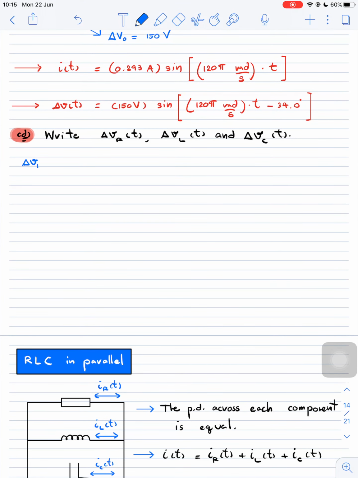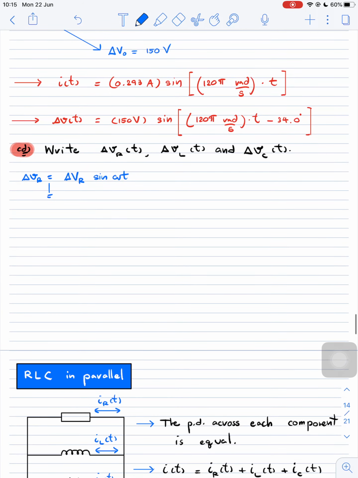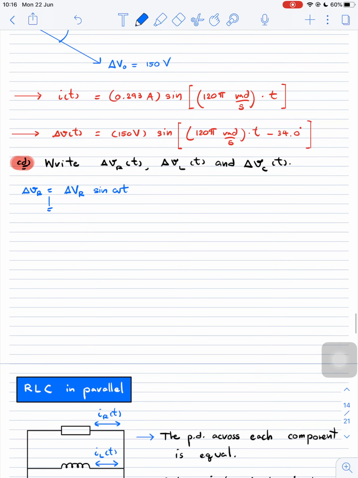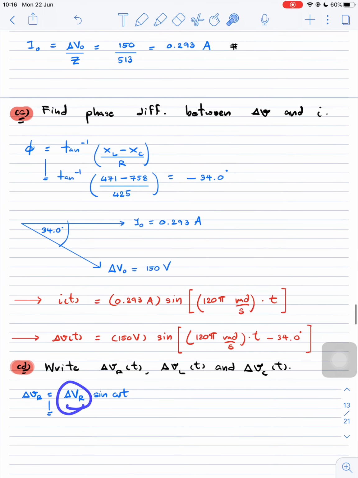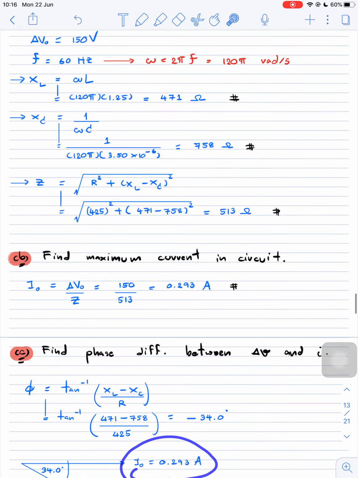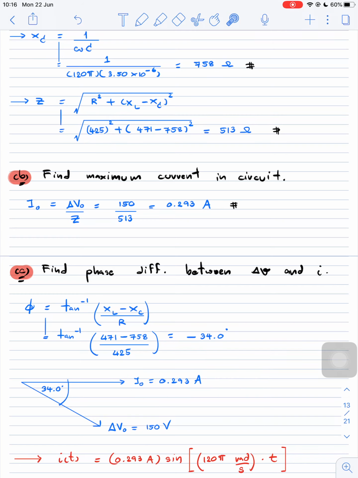So delta VR times the sine of omega t. We don't know delta VR here, but we know the maximum current and we know the resistance. So delta VR just equals the maximum current times the resistance.